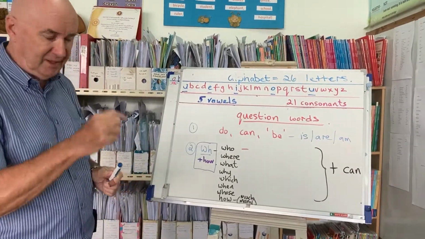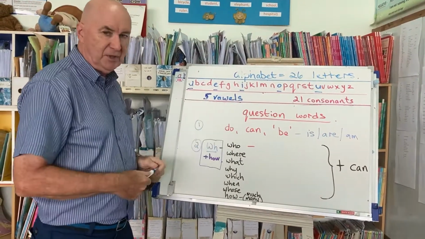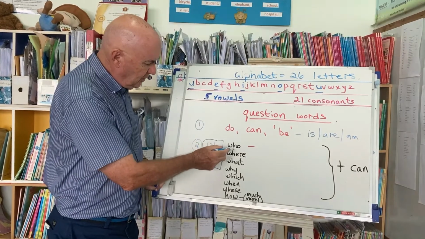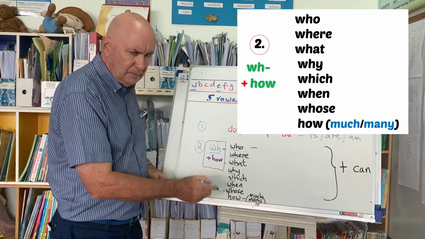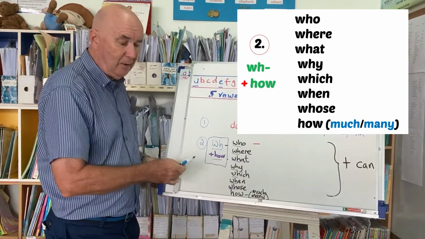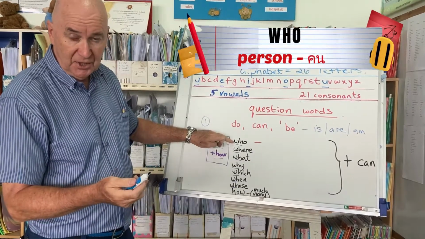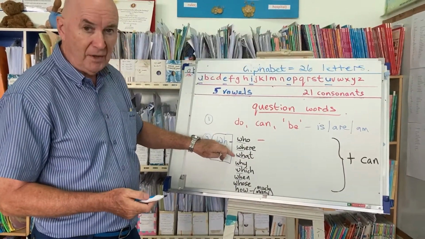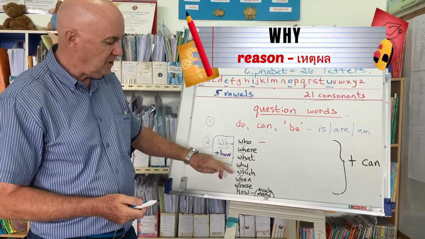So we can make a question and we put these words first and the question mark at the end. But we also have in English what are called question words. And all of our question words start with WH, except one, which is how. So these are our question words. Who, for a person. Where, for a place. What, for a thing. Why, for a reason.